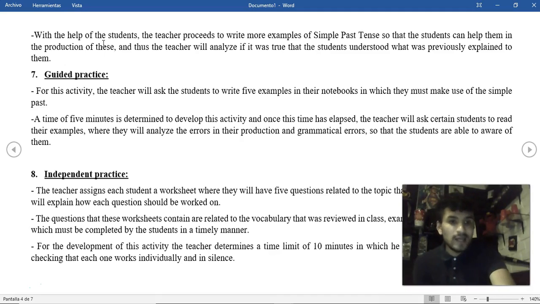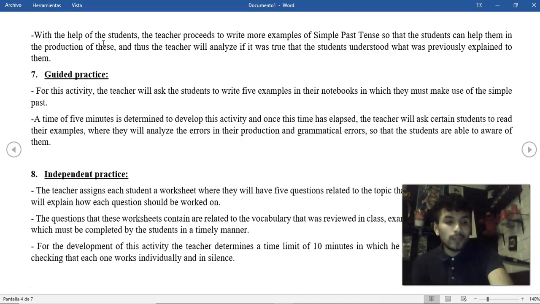Independent practice: the teacher assigns each student a worksheet where they will have 5 questions related to the topic that was reviewed in class, and he will explain how each question should be worked.